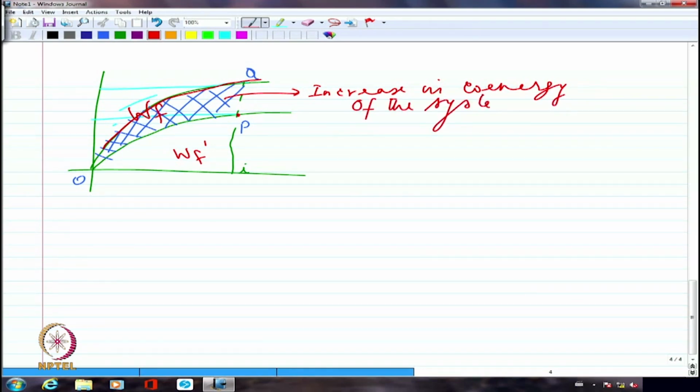So I can say this is dWF dash. The two together give me the electrical energy input. That's all I am saying.